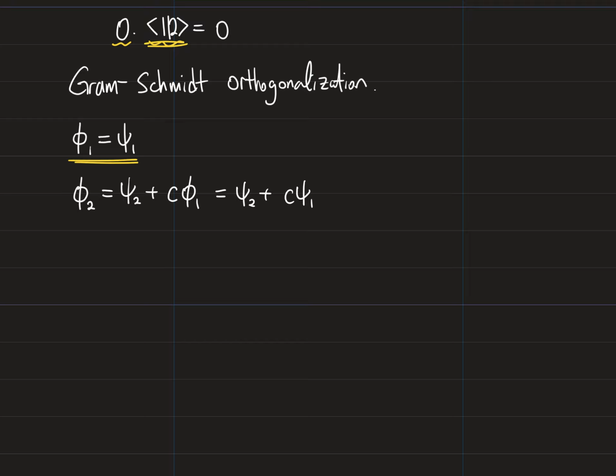Step 3 is to enforce orthogonality. We now want the orthogonality between the new functions p1 and p2, right? So we write down the orthogonality like this, and we want these functions to be orthogonal.